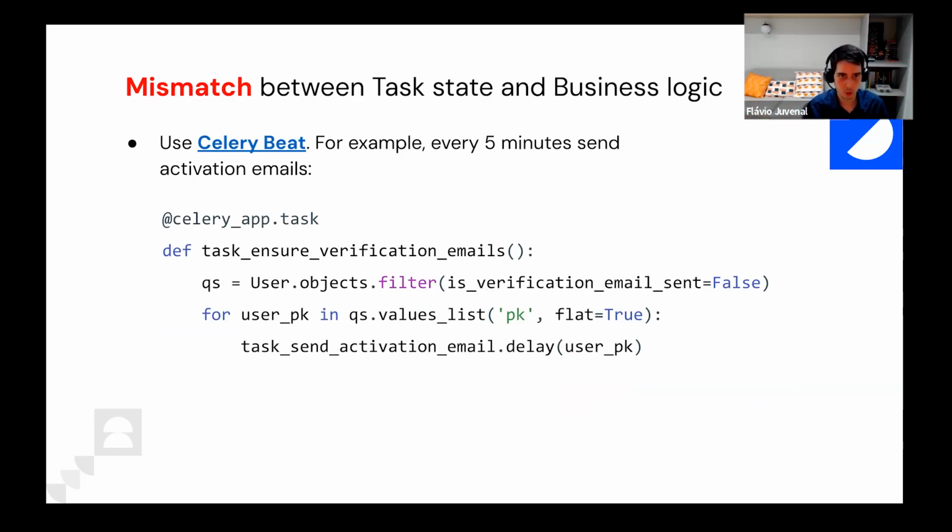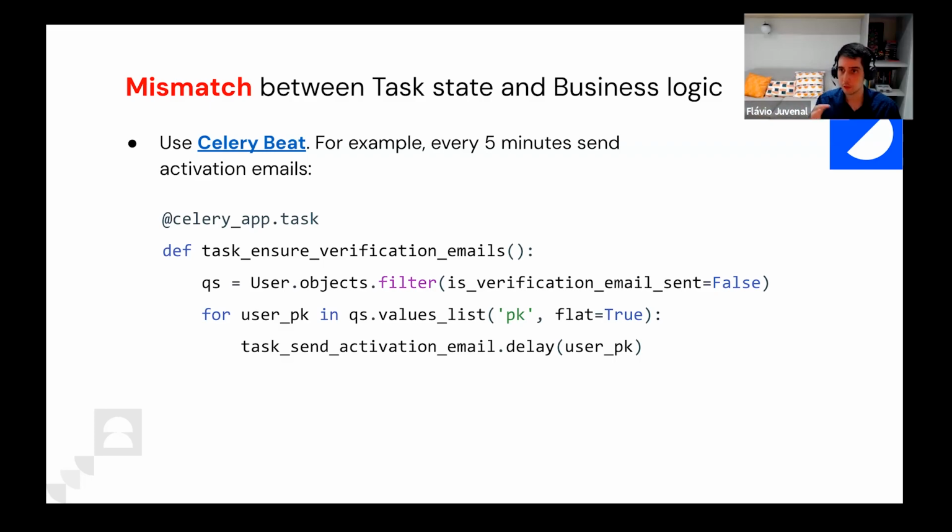Here's an example, okay? Something that sends activation emails every 5 minutes. It will filter the user objects, checking if is verification email sent is false. And if it is, we will delay the task send activation email. Inside that task, we can set is verification email sent to true after the email sending is really done.